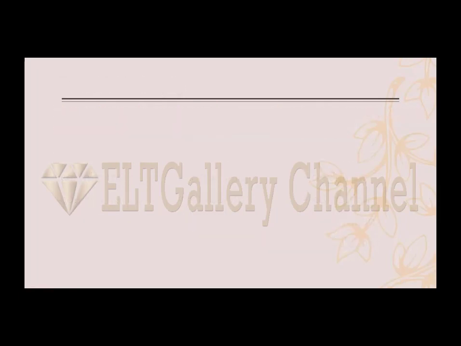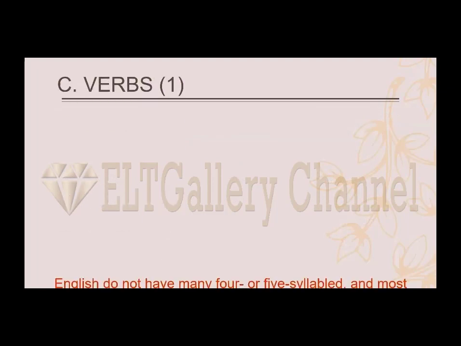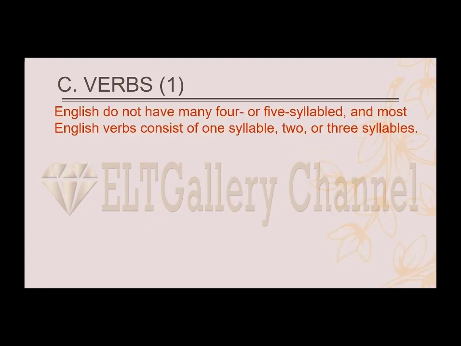The next we have verbs. English has many four or five syllable words, but most English verbs consist of one syllable, like go, come, eat. Or you have two, like forget, begin, remember, prefer, and three syllables like manifest, represent.